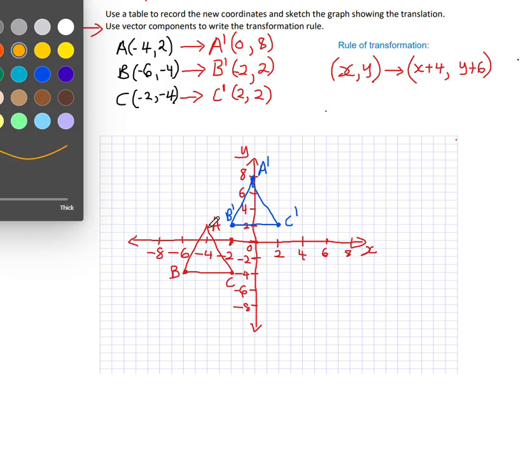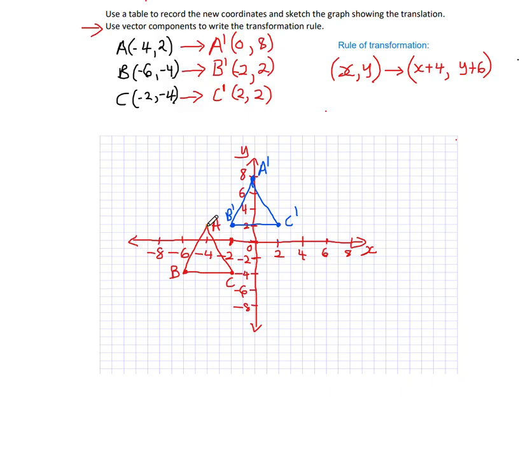So here I'm going to do A to A prime right there, and I'm going to use an arrowhead to show the direction of the transformation, and I'm going to write the vector here, V, and V represents the vector here, which was used to carry out the transformation of the pre-image ABC to the image A prime, B prime, C prime.